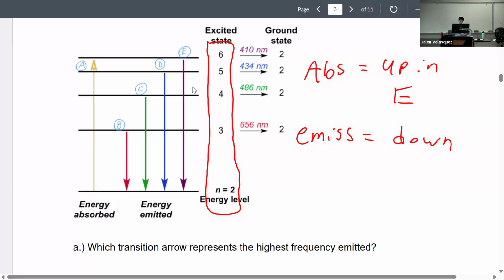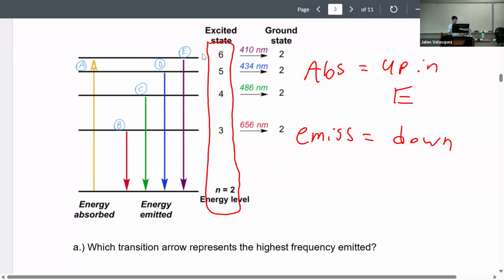Okay? So if we're looking at what is emitting the highest frequency, and every semester I forget to blank this out, we're only looking at what is being emitted. So we're going from a high energy to a lower energy level, right? So we're only going to be considering these 4 arrows.